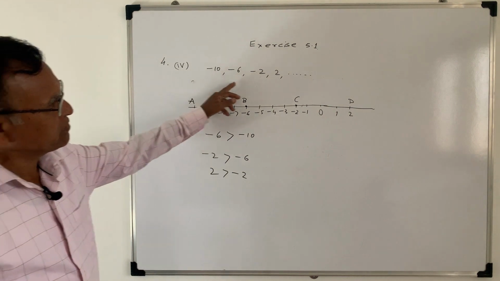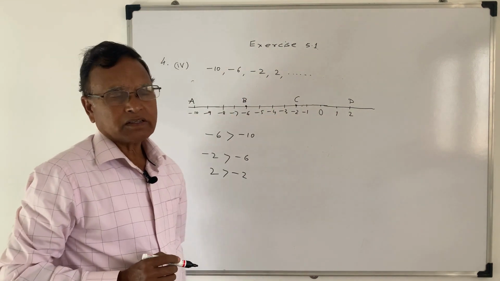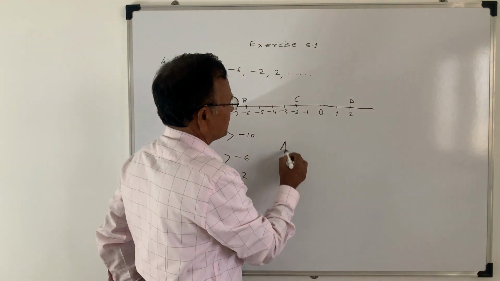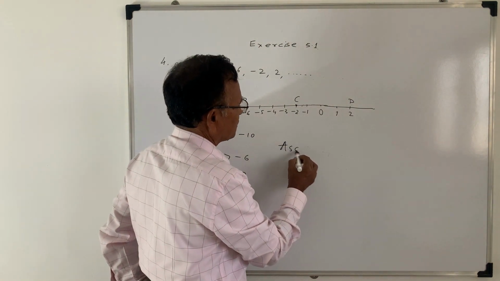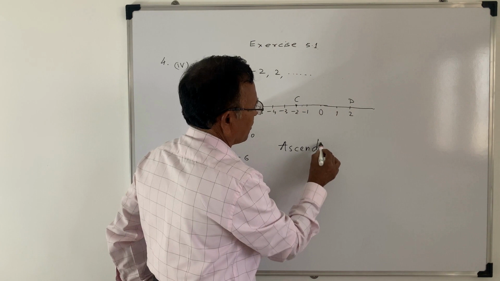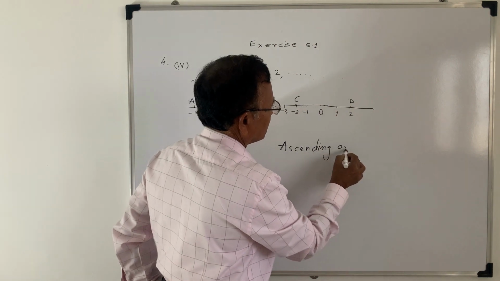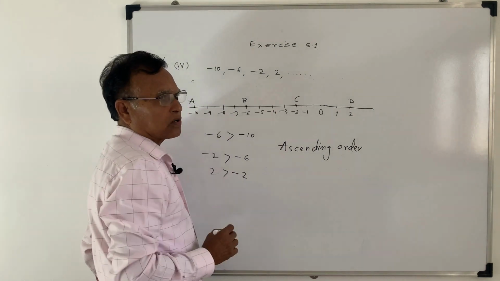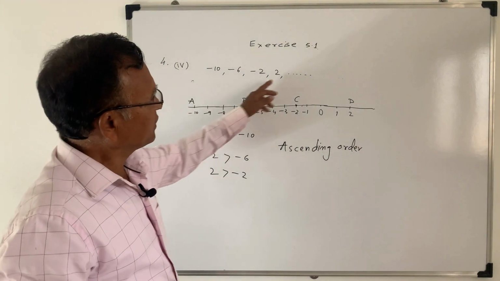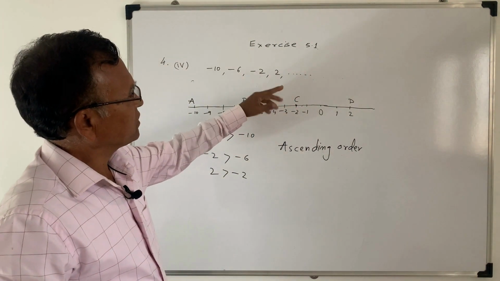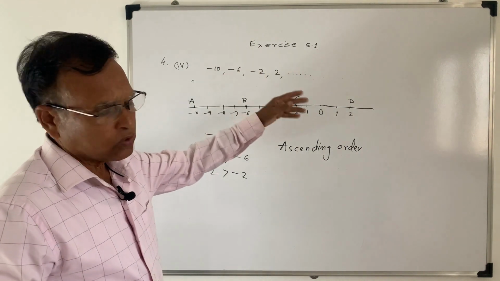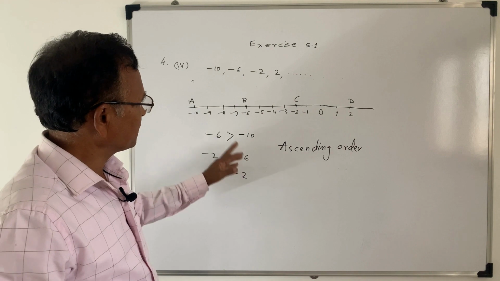So the sequence is in ascending order, or in increasing order, you can say it is increasing. Each number is greater than its preceding numbers, so it is increasing.